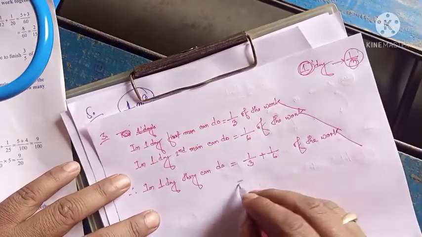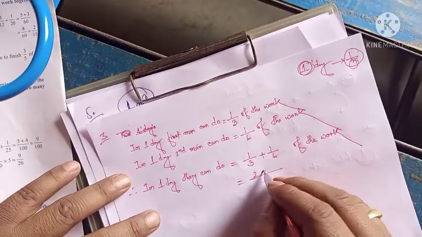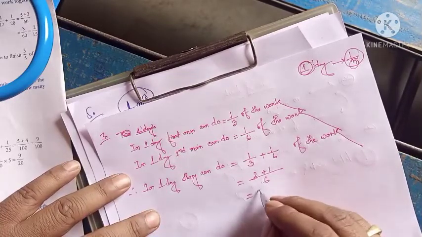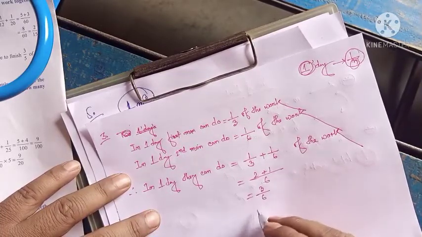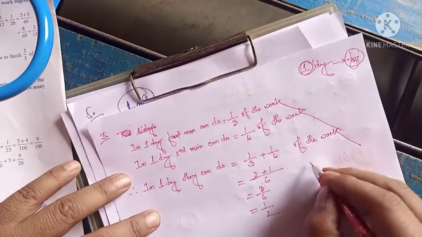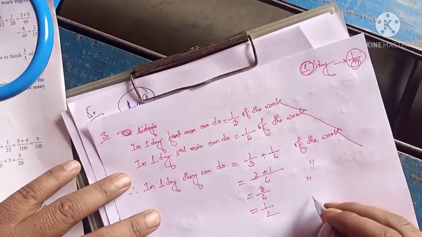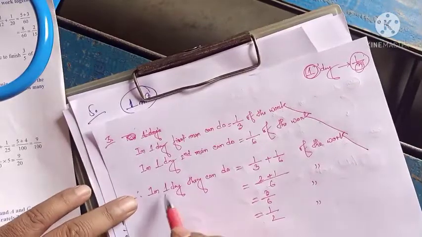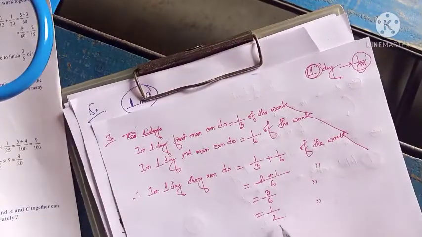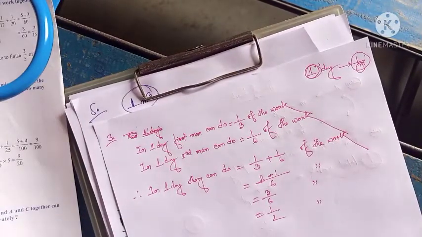Okay, so LCM is 6, 2 plus 1, so 3 by 6, 1 by 2. So in one day they can do 1 by 2 of the work.